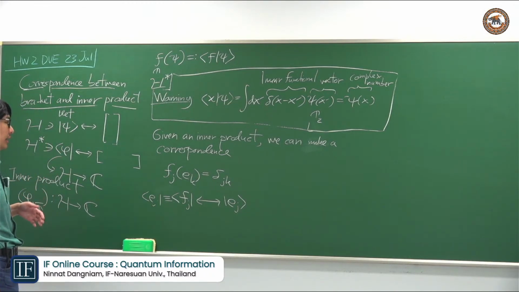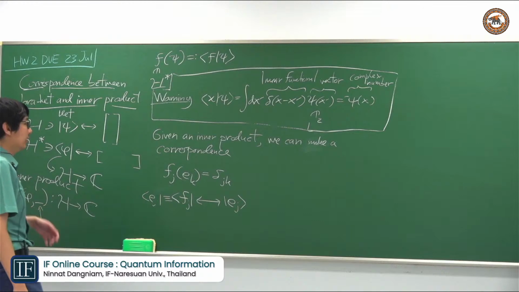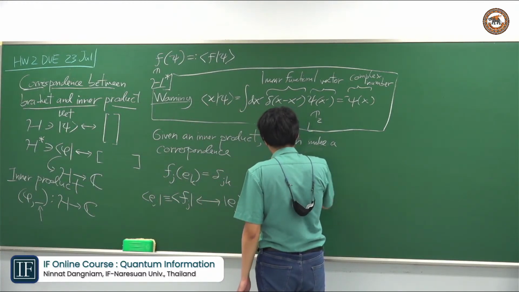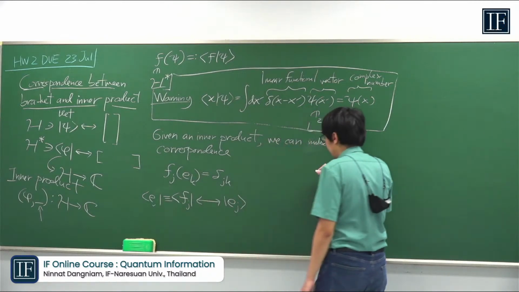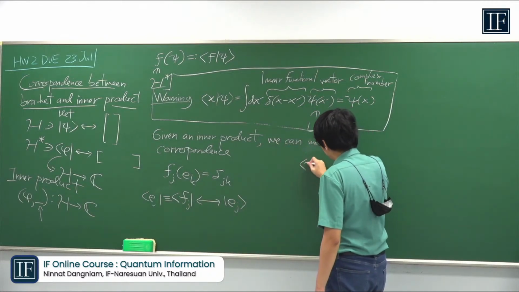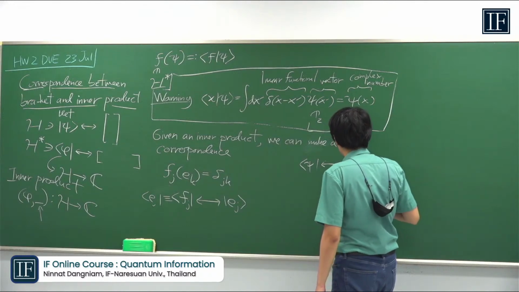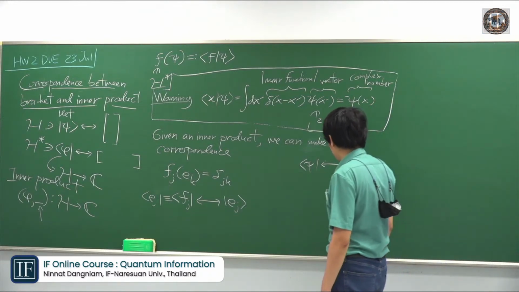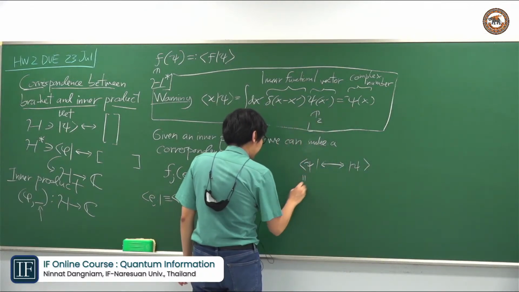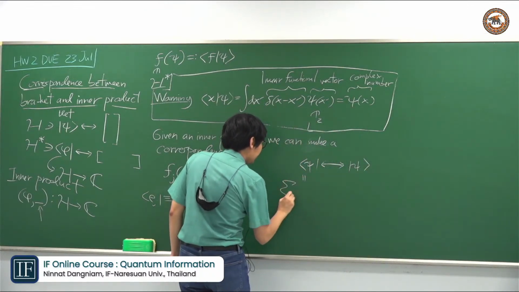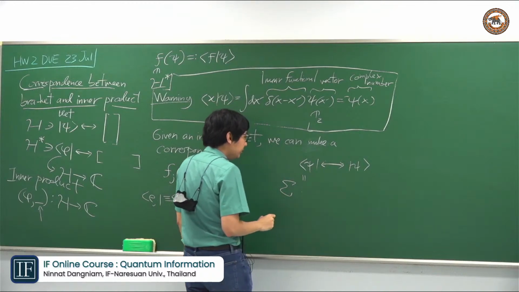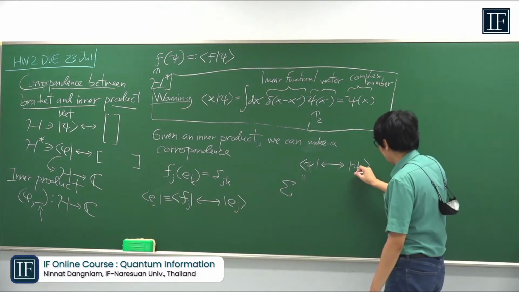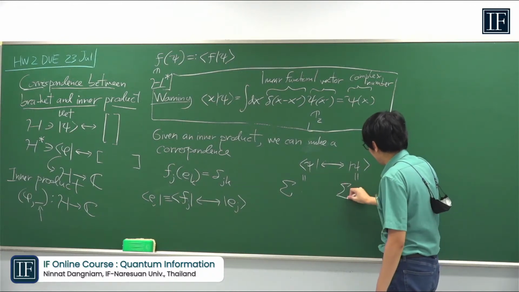And then for a general vector, we just make this rule. Maybe it's more familiar to just do this.